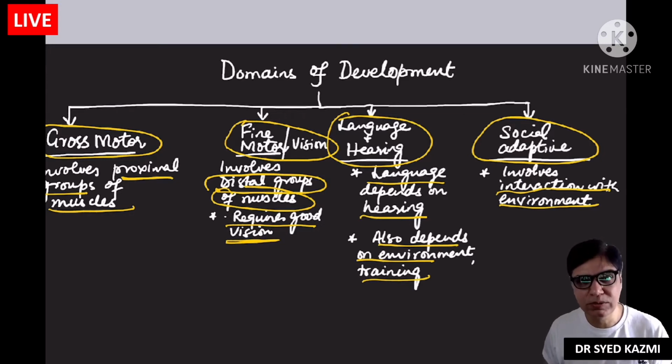It is not something which is uniform. It is used for children who are a bit older. That's why some books use it, some books don't. But usually, from the examination point of view and from the journal point of view, most of the time these 4 domains are more than enough to assess a child, and these 4 domains can pick up the majority of the problems associated with development.